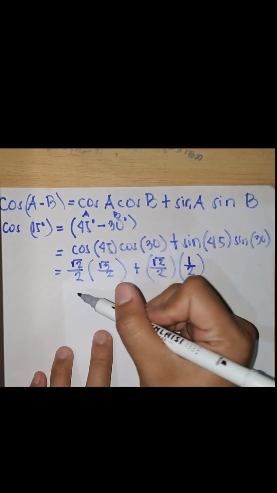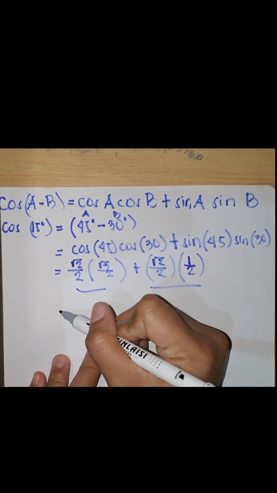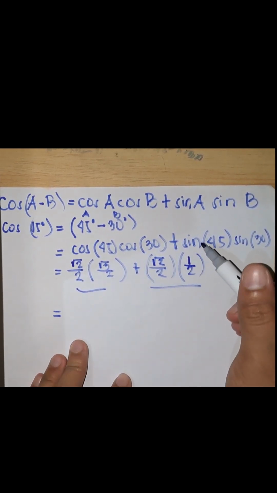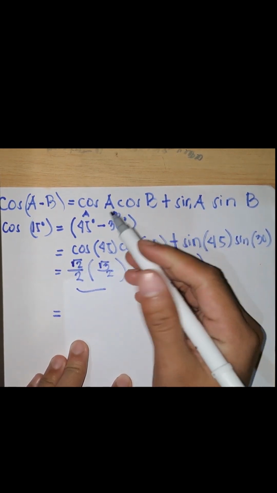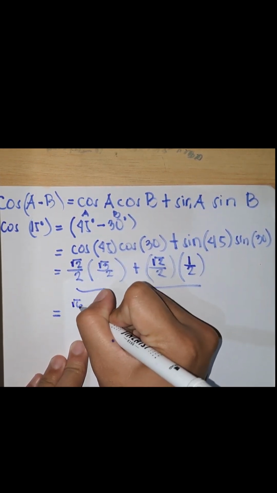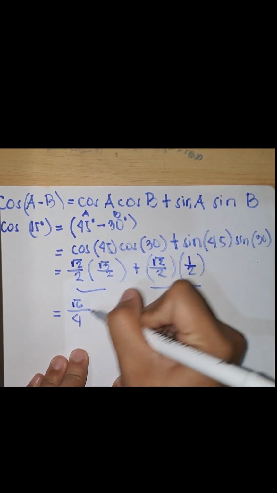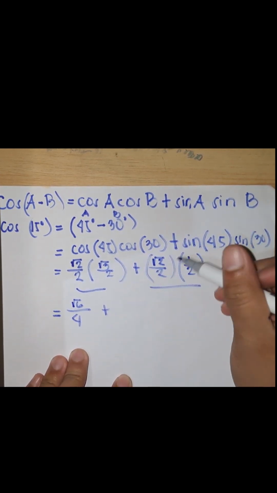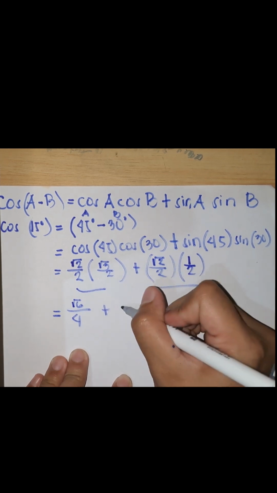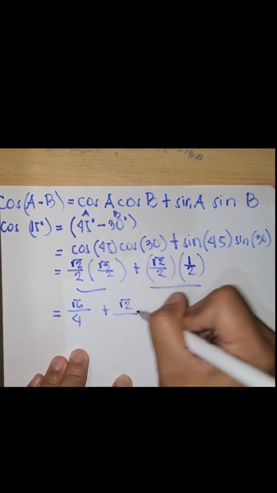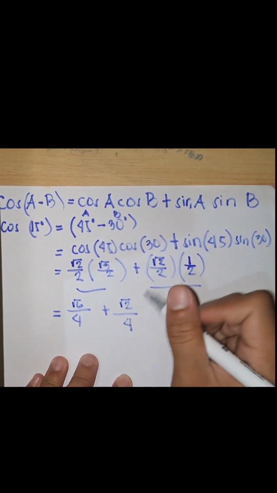So we need to multiply these terms. Root 2 times root 3 is root 6, and 2 times 2 is 4, plus root 2 times 1 is root 2, and 2 times 2 is 4.